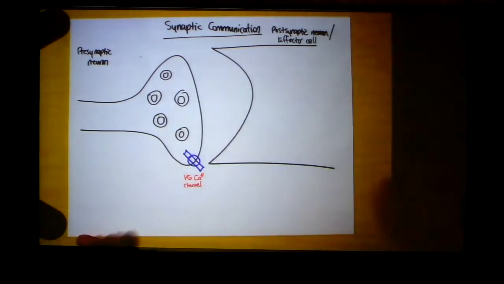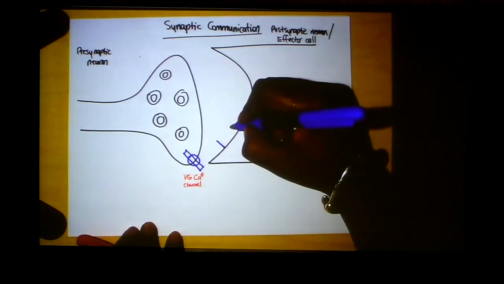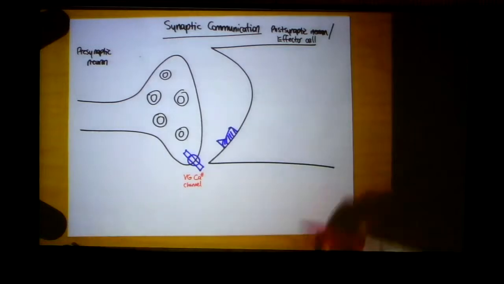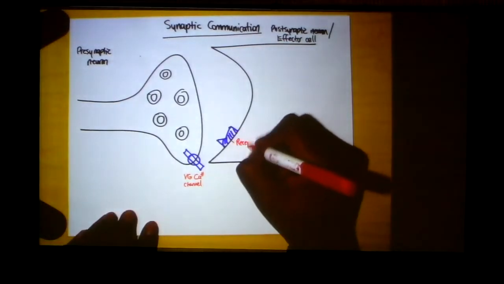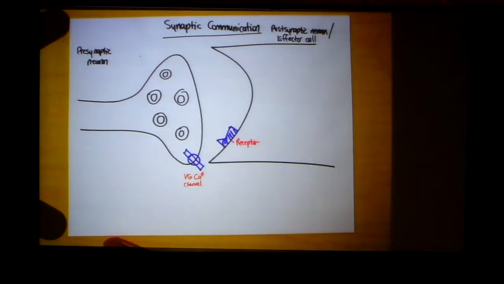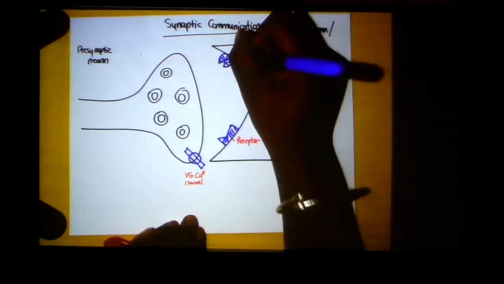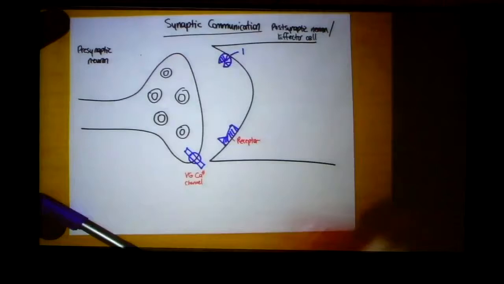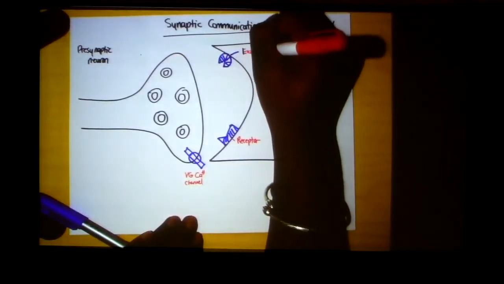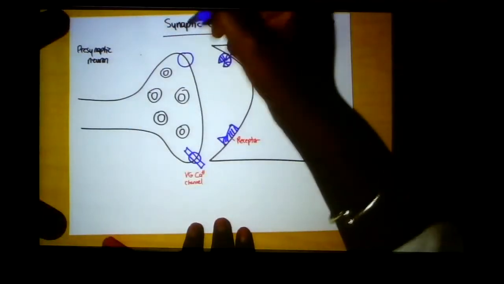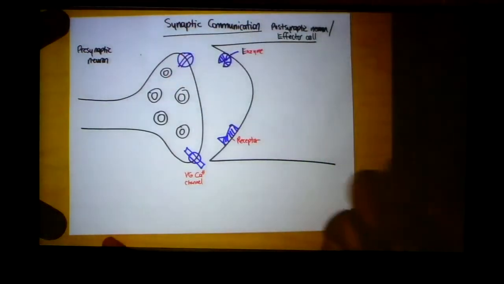We know we have a receptor here on the postsynaptic membrane. So this is a receptor of some sort. We also know we have this Pac-Man type molecule, or type enzyme, sorry. Okay, and then we have this reuptake molecule here on the other side. Okay, that's our reuptake molecule.